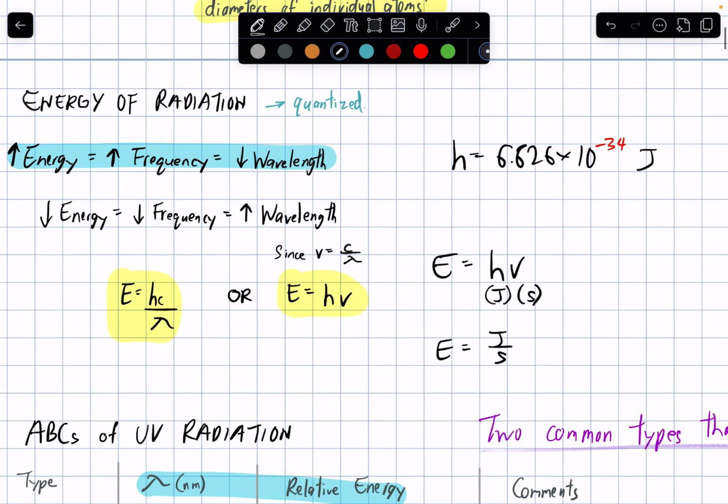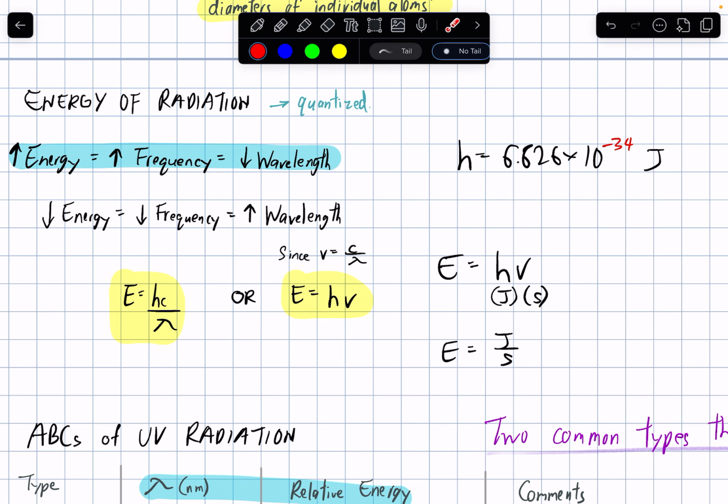What relationships can you derive from the formula? Energy itself is directly proportional to frequency, and both of them are inversely proportional to wavelength. It makes sense because, for example, on the side of the electromagnetic spectrum where gamma ray is, it's characterized by having a really high frequency and at the same time a really low wavelength.